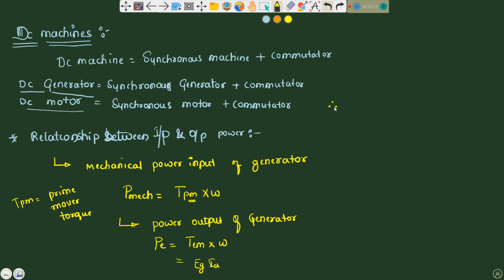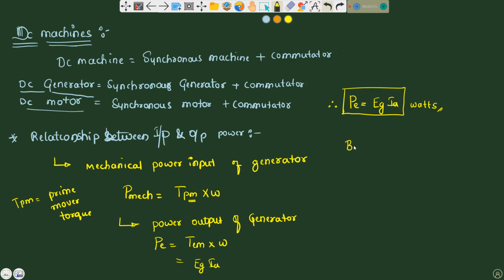Therefore, electrical power in a DC generator will be Eg times Ia, and the unit will be watts, correct? This is electrical power, not the generated EMF, okay?